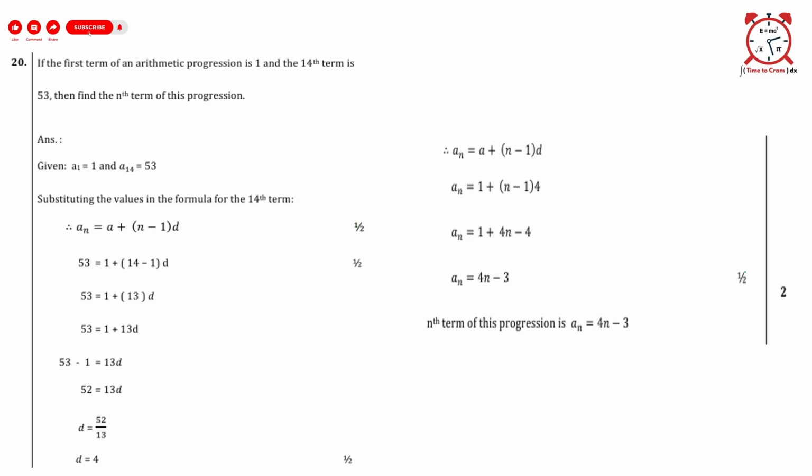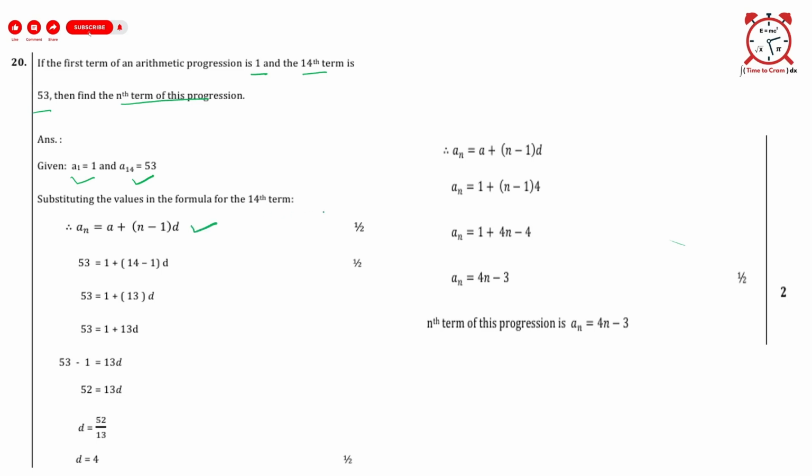Next question, question number 20. If the first term of an arithmetic progression is 1, a1 equals 1, and the 14th term is 53, then find the nth term of this progression. So a1 equals 1, the 14th term is 53. Again, this is a formula based sum, so keep learning the formulas properly.